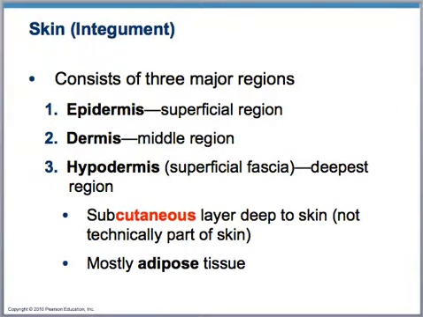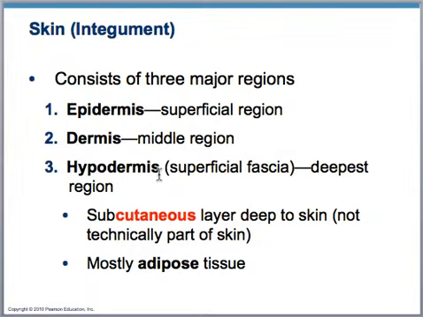So when we talk about the skin, another name for the skin is what we call the integument. And it consists of three major regions. You saw these regions in your intro to skin that you worked on after the test. But we have the superficial. Remember, superficial means closest to the surface. That is the epidermis. We have the middle region, which is the dermis.